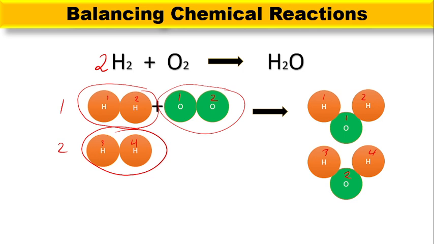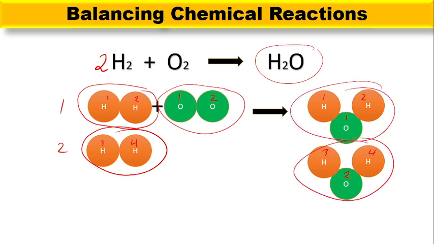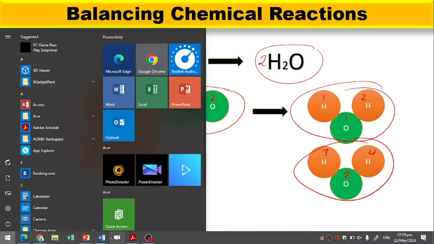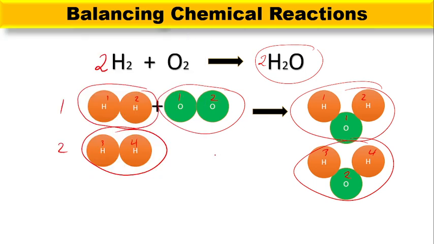Similarly to hydrogens, there's 4 of them, but how many H2s as a molecule? There's 2 of them. So I used 2, and then how many water molecules did I use? H2Os. That's 1, 2, and then I have it like that. So that is basically how I actually balance my chemical equations.